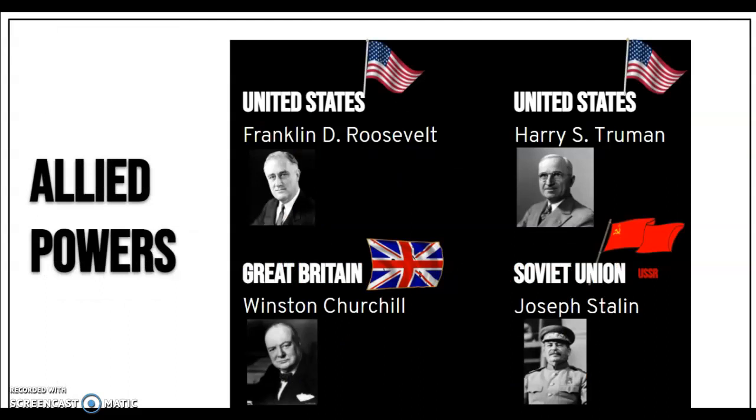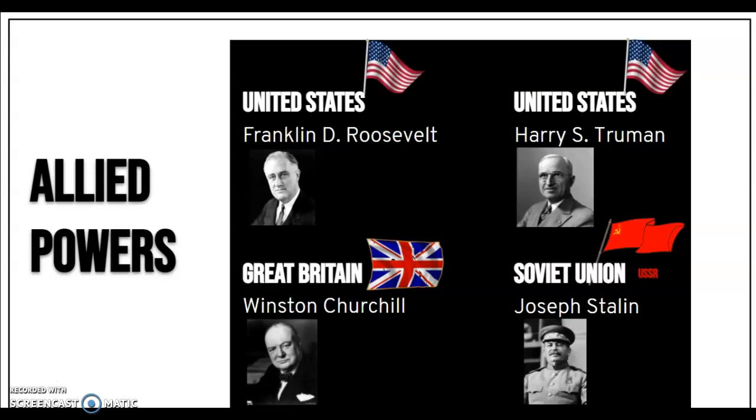On the other side, we have several leaders for the Allied powers, including Franklin Roosevelt and Harry Truman for the United States. Franklin Roosevelt served as president until 1945, when Harry Truman assumed office.